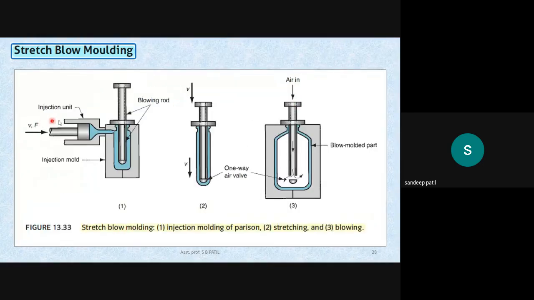The same you can see here: the material is injected by the injection unit, and once it is injected, it is stretched by some mechanical means, and then air is passed into it to get the blow molded part.